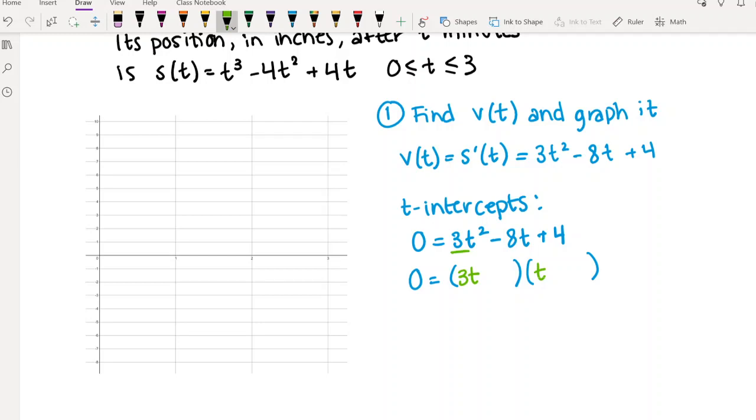And then we're supposed to have a plus 4 here, so we really don't have that many options. To get this 4, these two numbers have to multiply to give us 4, right? So it's either going to be 1 and 4, or 2 and 2, or -1 and -4, or -2 and -2.